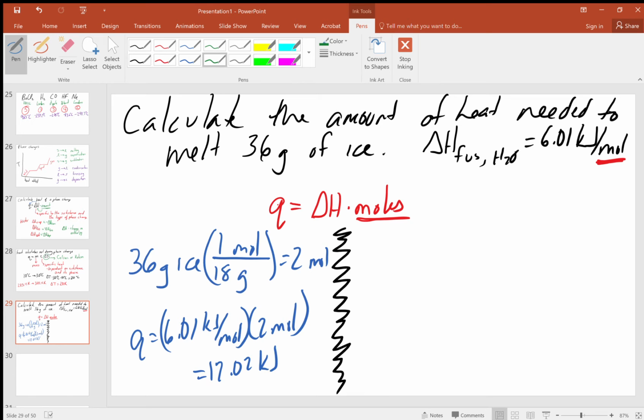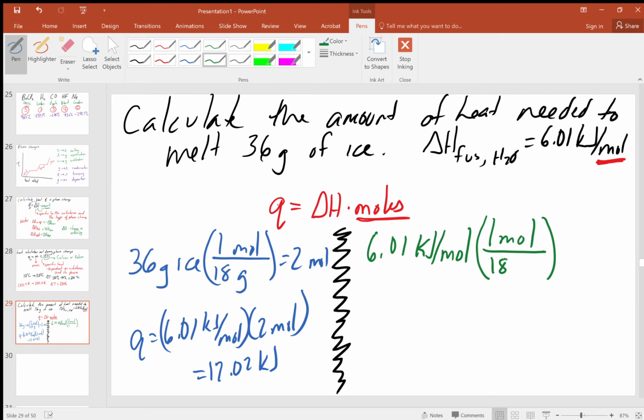What's the other way we could have done this? Well, we could have taken our delta H value of 6.01 kilojoules per mole and converted this to grams. So 1 mole of water is 18 grams, and so we'd get 0.33 kilojoules per gram.